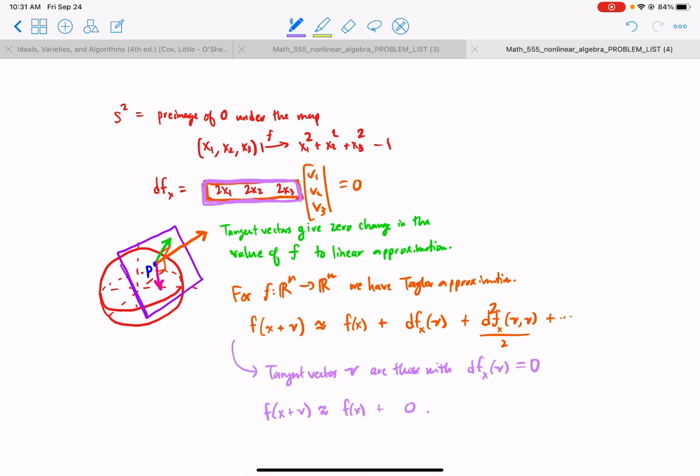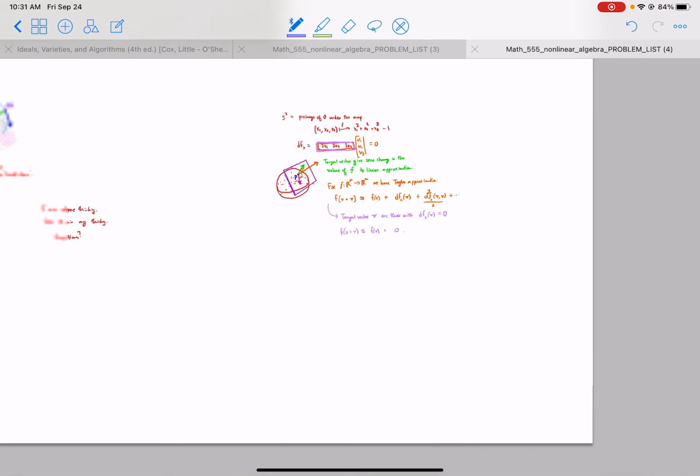So, why don't I just write that down? Let f be a parametrization of x, some algebraic variety or manifold.